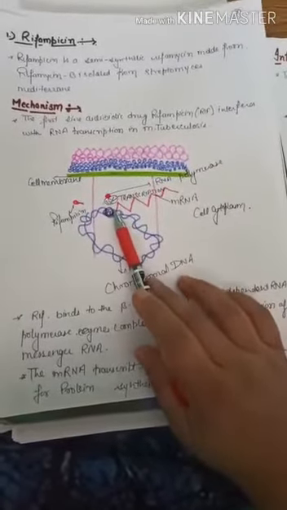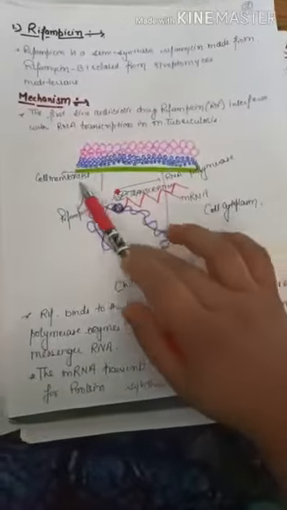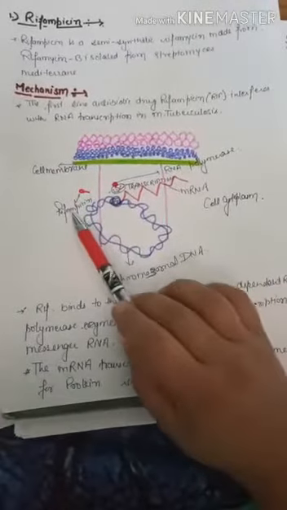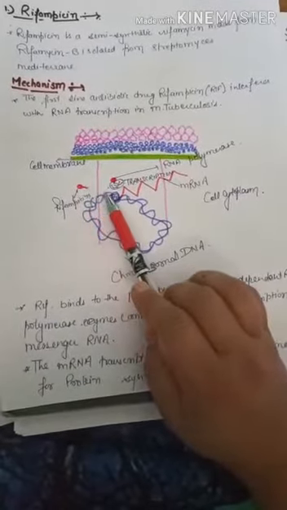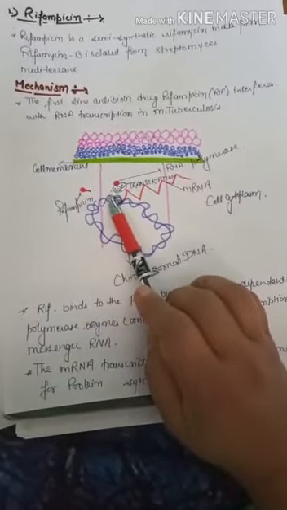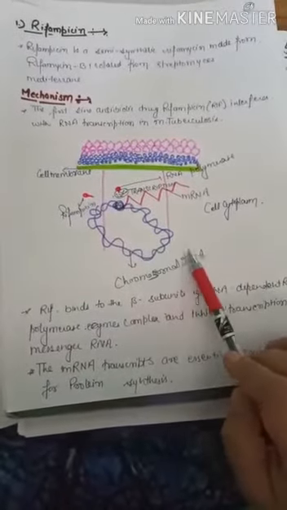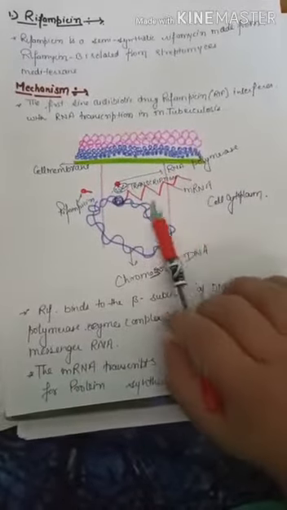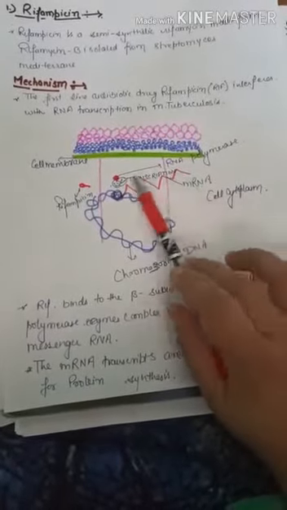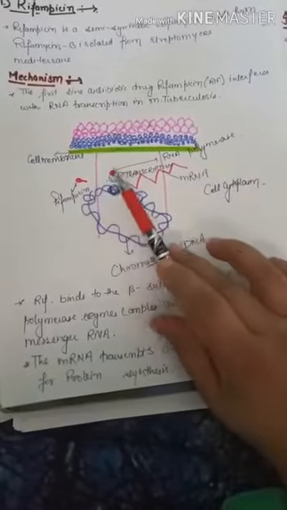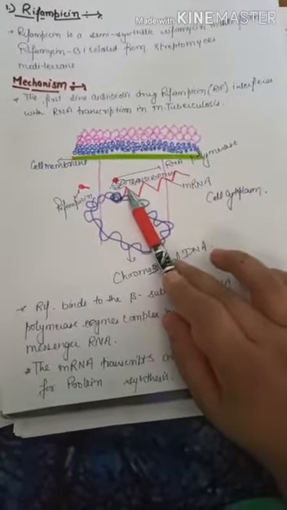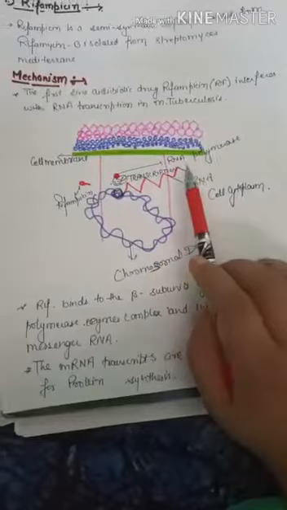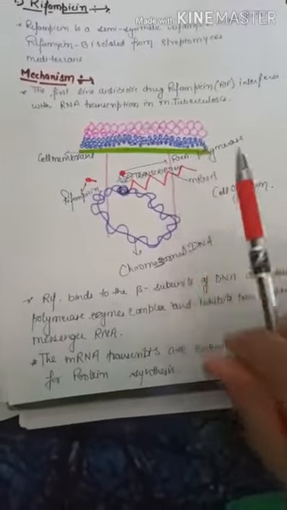You can see in M. tuberculosis the mRNA, and here you can see the entering of rifampicin into the chromosomal DNA, which is responsible for the transcription of mRNA. And here you can see rifampicin inhibits the transcription of mRNA to the cell cytoplasm.